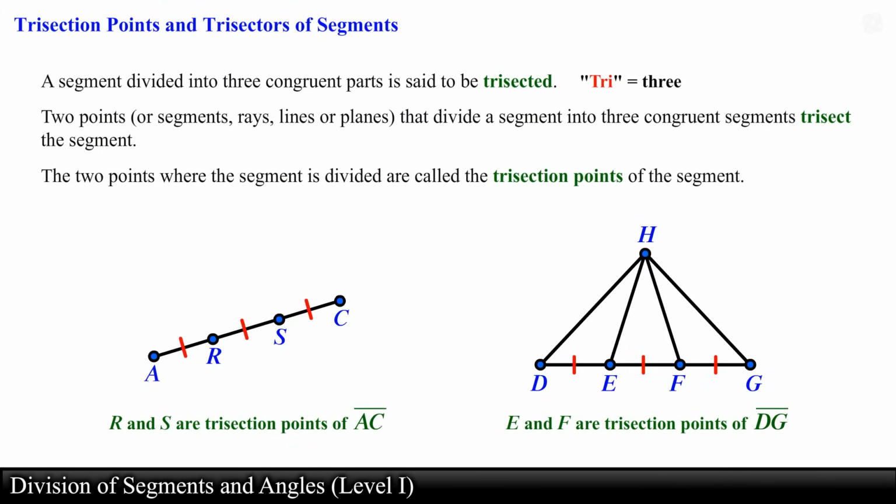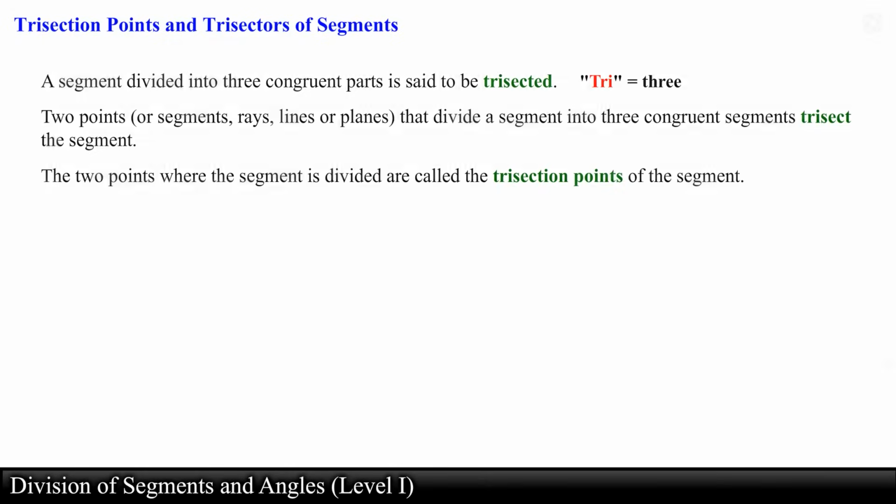We can also conclude that segments HE and HF are trisectors of segment DG, since these figures cut segment DG into three congruent segments.